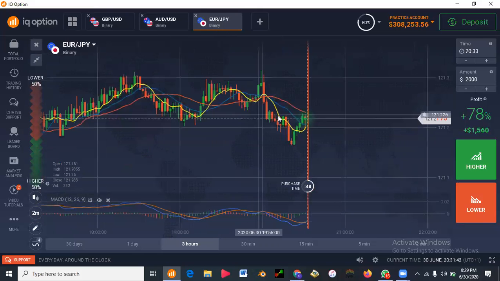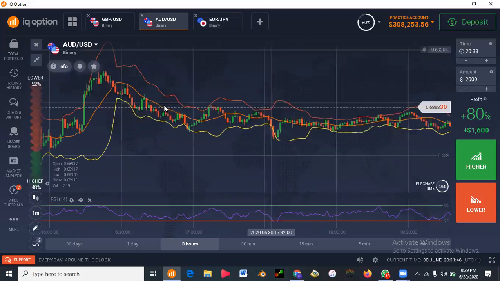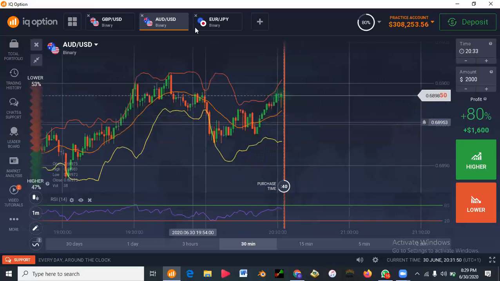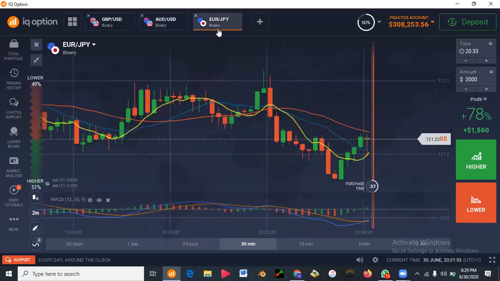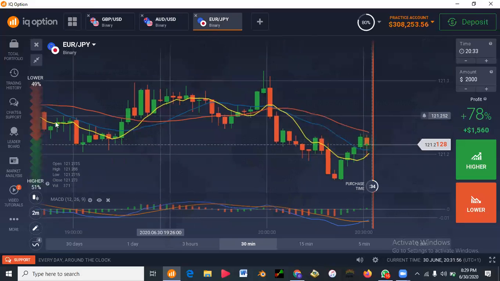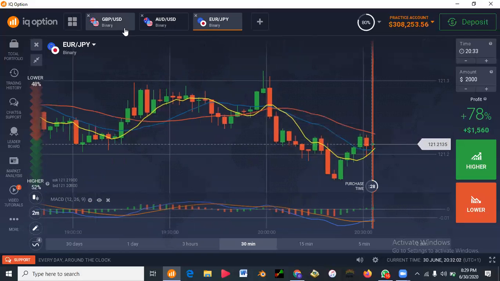Most times when using indicators, you just wait, and wait, for this to cross this, and this to cross this. Most times you spend 3 hours, 4 hours trading using indicators.